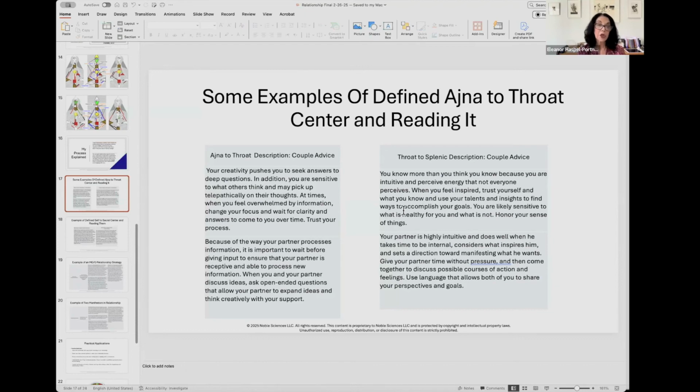So again, use the definitions, use the channels to inform each other about where you are in the relationship and in the world, and then use skills that will allow for aligning as a couple.